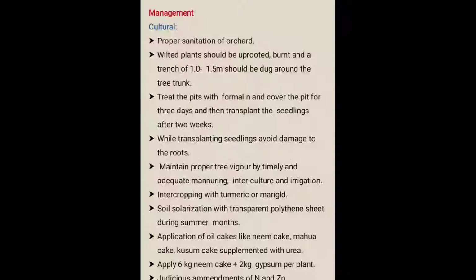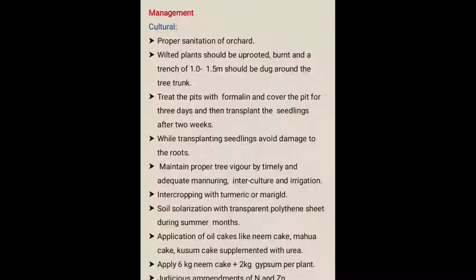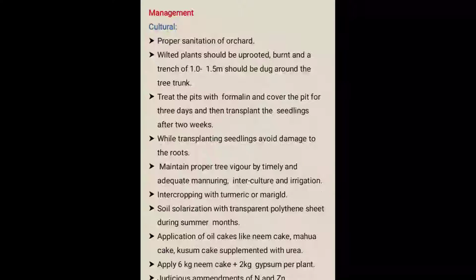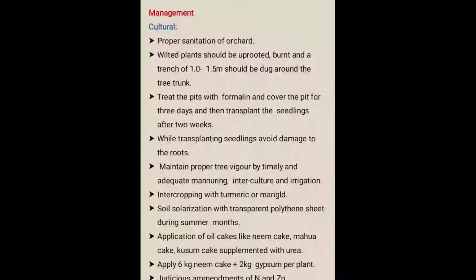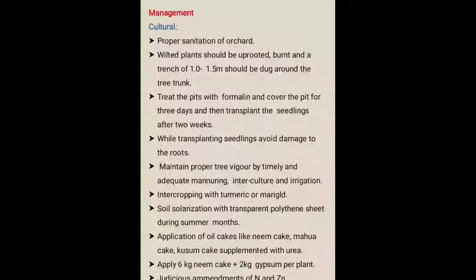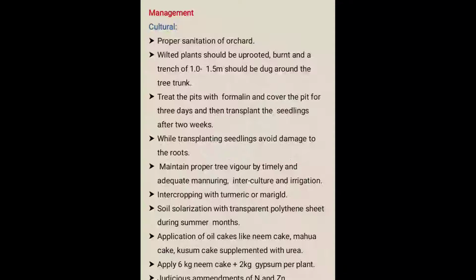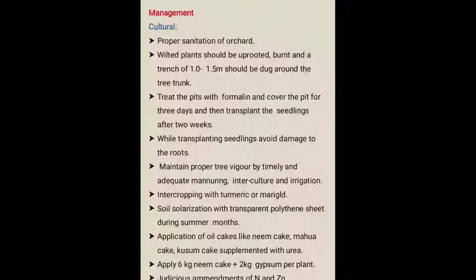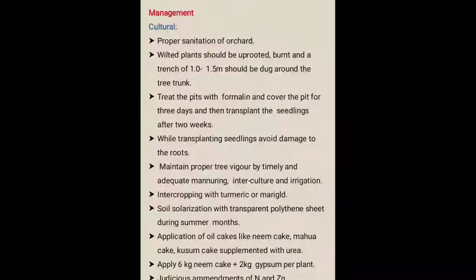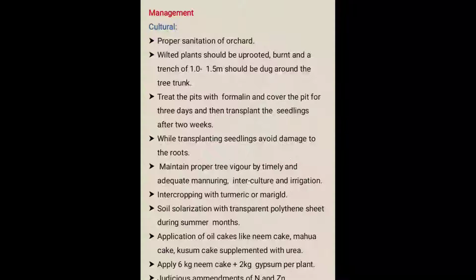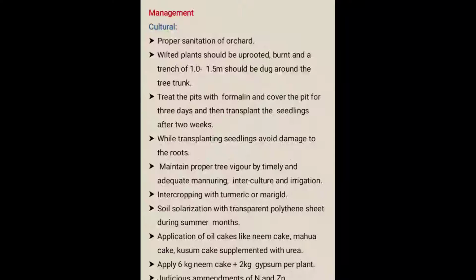It includes avoidance, eradication, exclusion, legal methods, and chemical methods. The integration of all these management practices may give better results in eradicating the incidence of wilt disease that is caused by Fusarium.